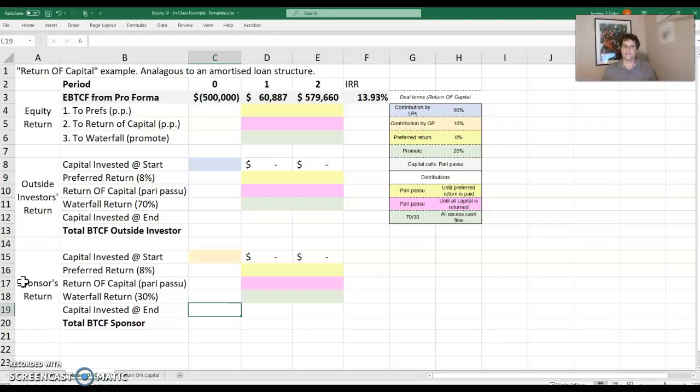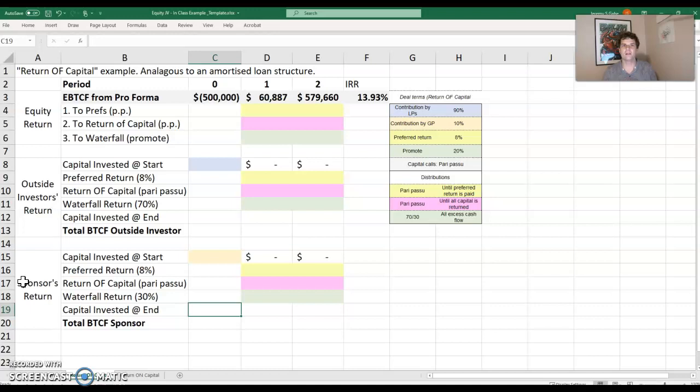So here's the deal structure again. 90% was contributed by our limited partners, our outside investors, 10% by us, the sponsor, the general partner. We promised an 8% preferred return, and once the waterfall flows, we as the sponsor get a 20% promote. Priority of distributions is going to be: pref is paid pari passu until the return is fully paid to both parties.